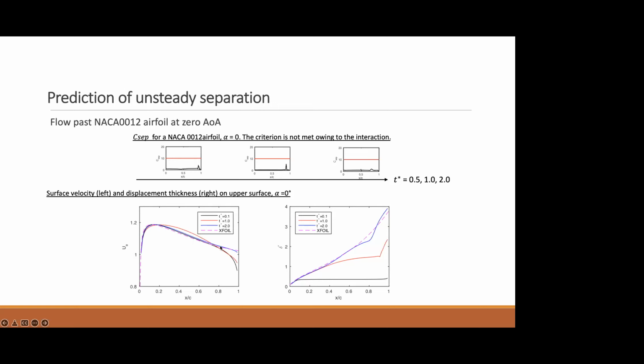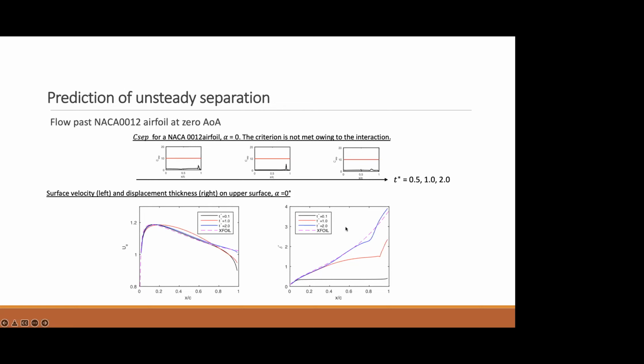And the displacement thickness is shown here. So initially we start off with the Blasius basic displacement thickness. And as time progresses, we initially seem to be getting a kind of a shock, but it's not really a discontinuity, and we don't really have flow separation in this case because it's only a NACA 12 at 0 angle of attack. So at time equals 2, we get this displacement thickness over here, shown by the blue line, which is very close to the steady solution predicted by XFOIL.